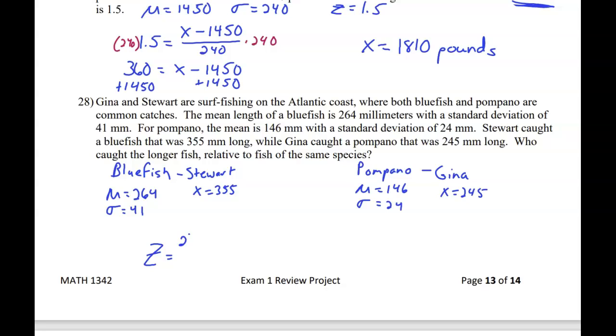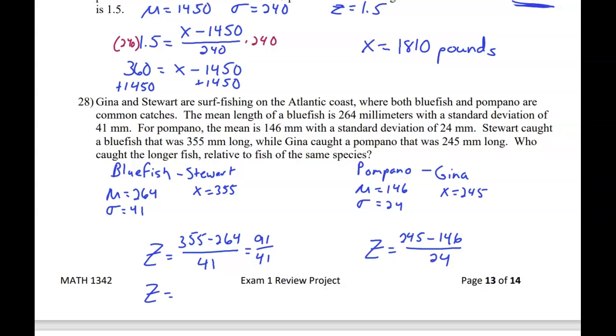So we're going to take 355 minus 264 divided by 41, and we will take 245 minus 146 divided by 24. When we do those calculations, we get 91 over 41.